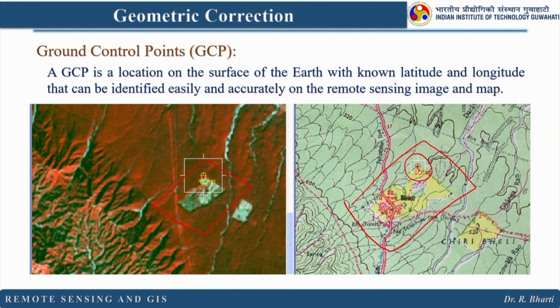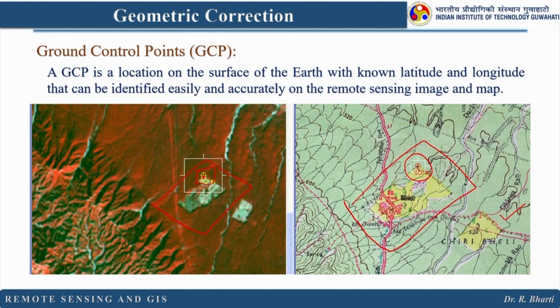So this image is basically a topo sheet, but each pixel has x, y and z values. Here you have only the z value, which is measured from this satellite, and sometimes even the x, y may have some error.